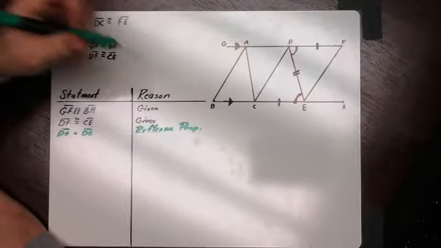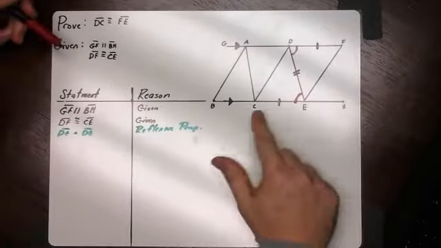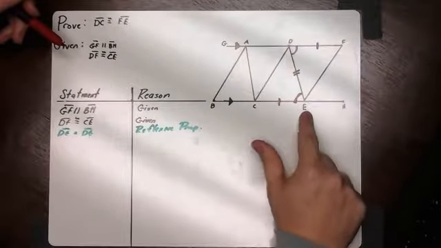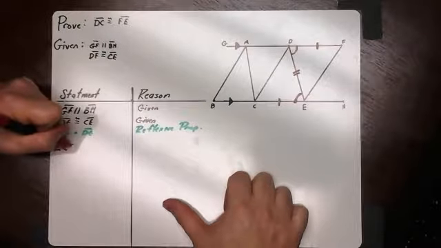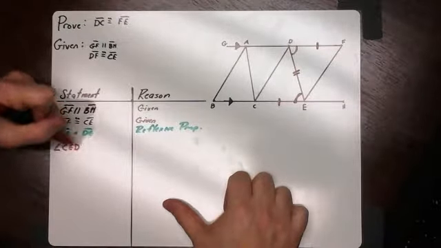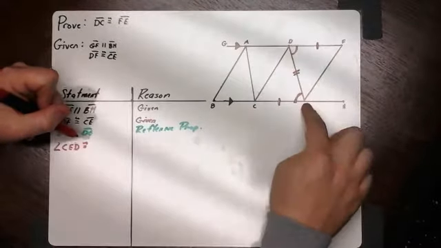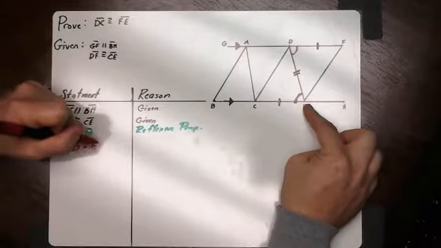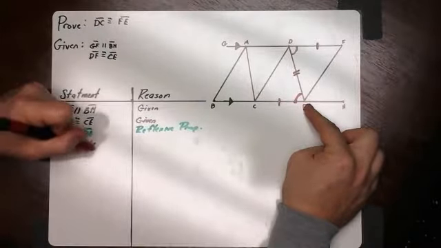Okay, now I'm going to address these alternate interior angles. So here, I'm going to say that angle CED is congruent to angle FDE.